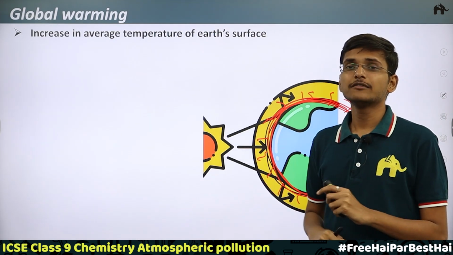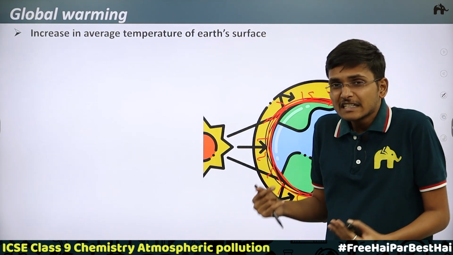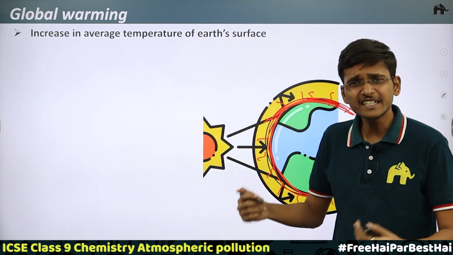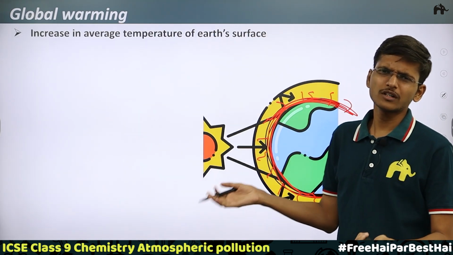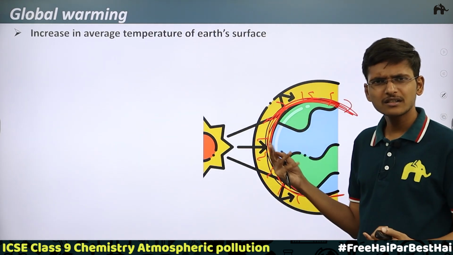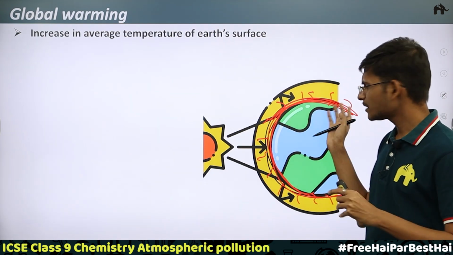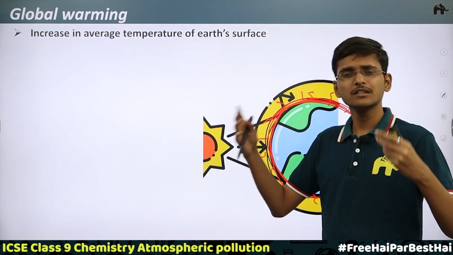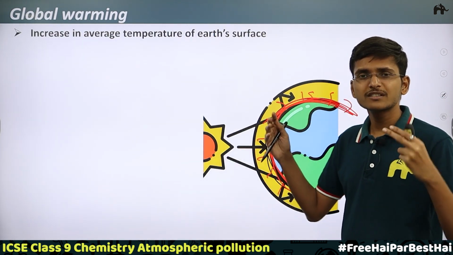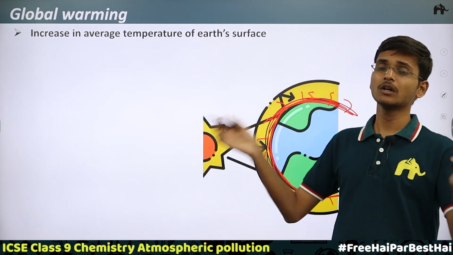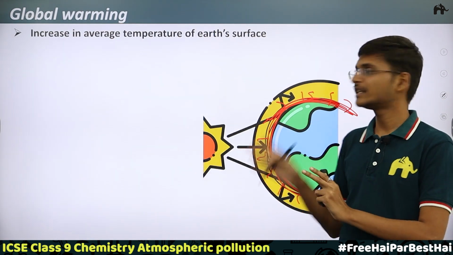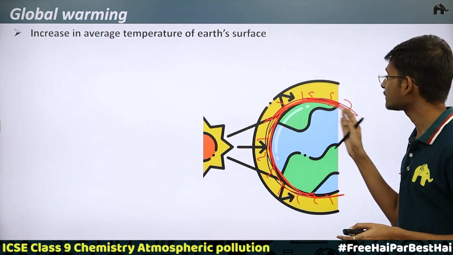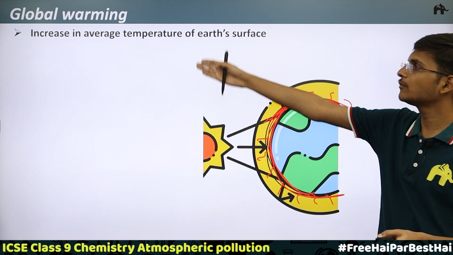But if this greenhouse effect increases to such an extent that it is heating our Earth too much, the temperature on the Earth is quite okay for survival, but now the greenhouse effect is increasing such that it is trapping more and more infrared radiation, resulting in heating of the Earth's surface, which in turn results in an increase in the average temperature of the Earth's surface, which is global warming.